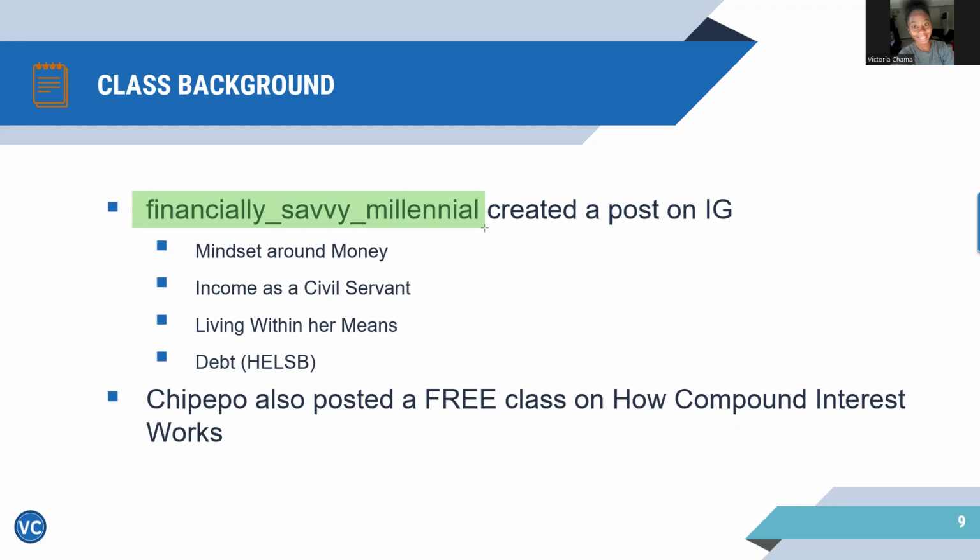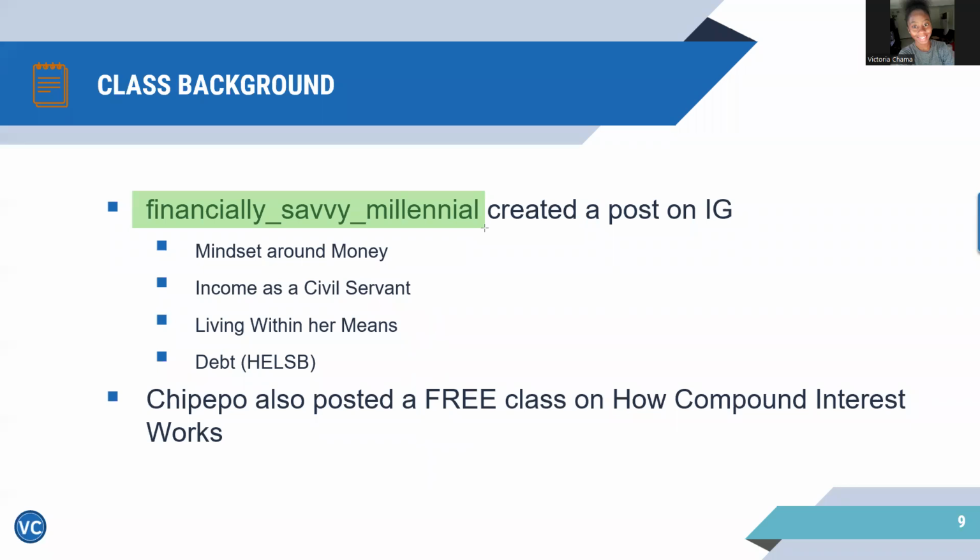And the second background to this was, I think a day or two ago, Chipepo also posted a free class explaining how compound interest works. So I thought, oh, wow, Financially Savvy Millennial is planning to pay off debt. Meaning she's not trying to pay more interest than she needs to, and she's probably tapping into the power of compound interest, but in the reverse way, which is paying off her debt.